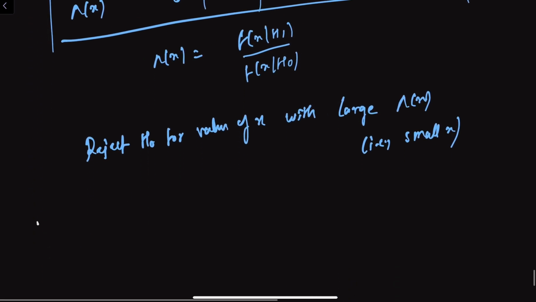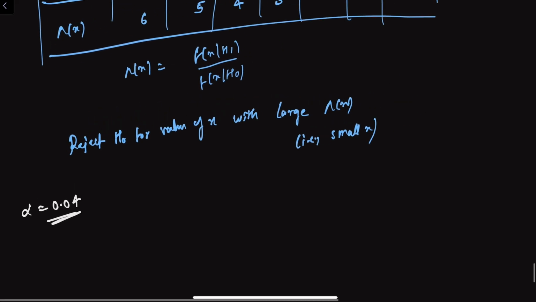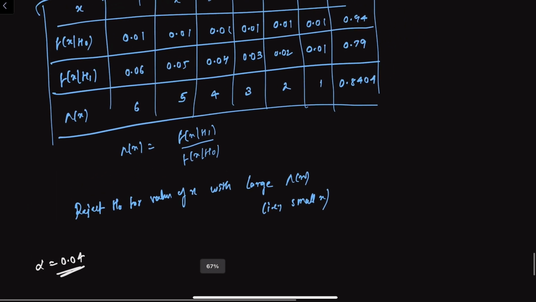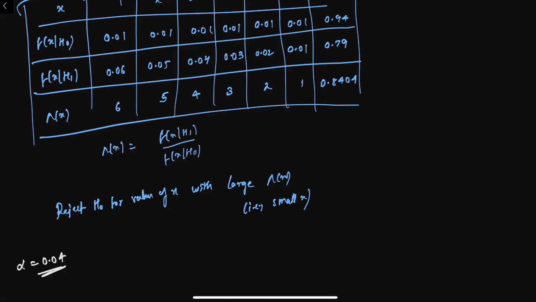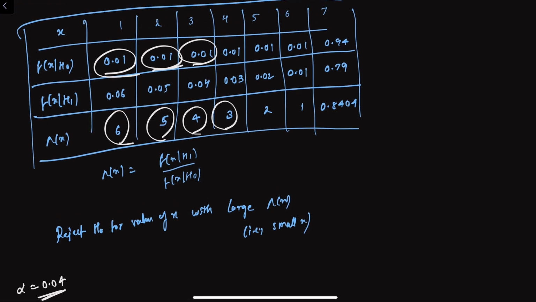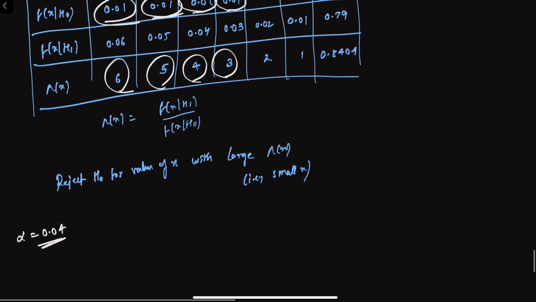They have given the size as 0.04. So alpha is 0.04. So if we consider the large values spanning this 0.04 size, it is nothing but the ones contributing 0.01 plus 0.01 plus 0.01 plus 0.01, which is 0.04.